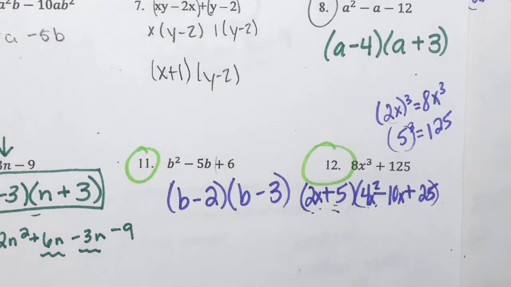Number 13, something about a computer manufacturer determines that the profit for producing x computers per day is given by a function, and they ask what is the meaning of the zeros in this situation. So let's graph this function first.